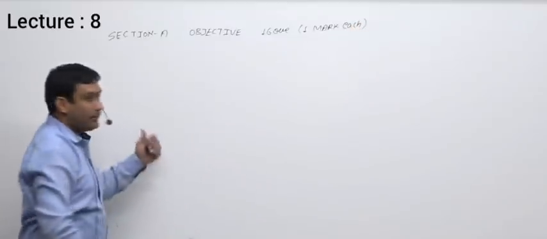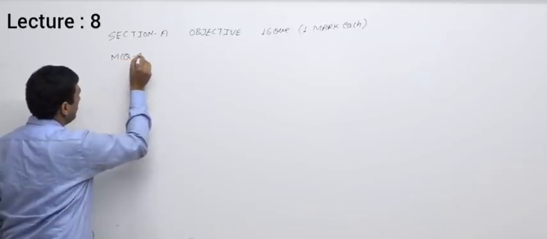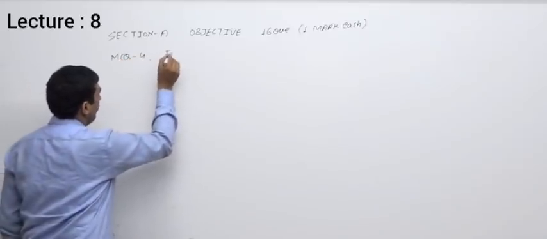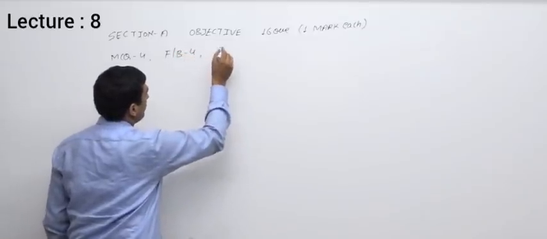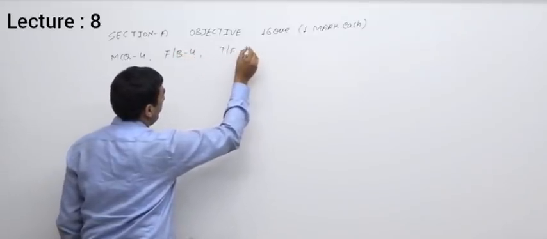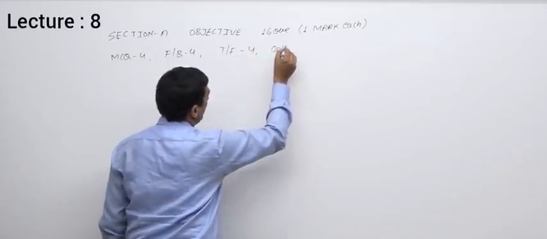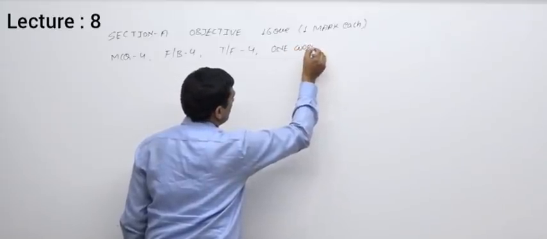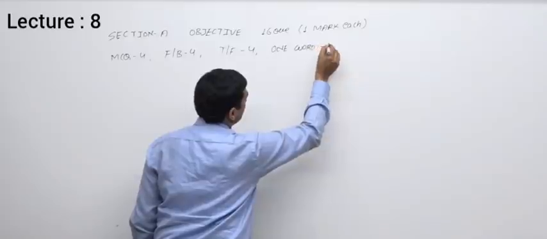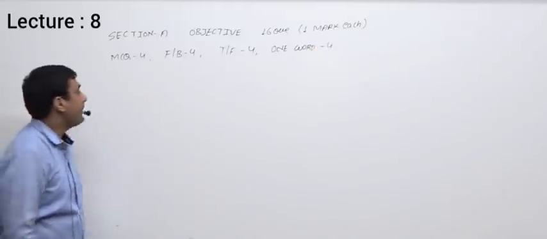Out of these 16 questions, there are 4 MCQs, 4 blanks, 4 from true and false, and 4 will be from one word or one digit sentence, like that. So this makes your 16 marks, that is section A.